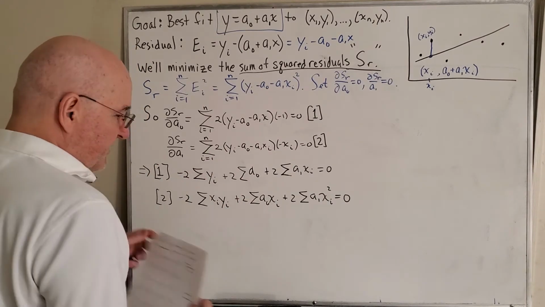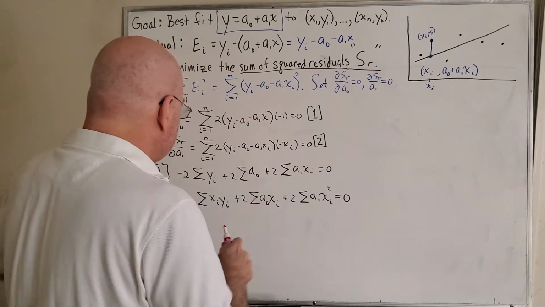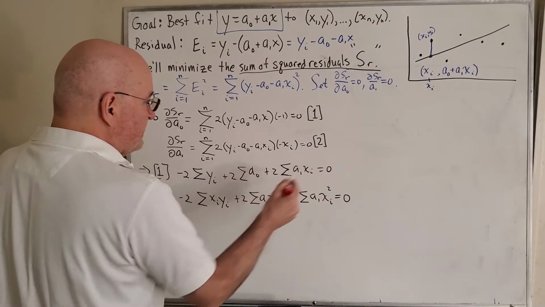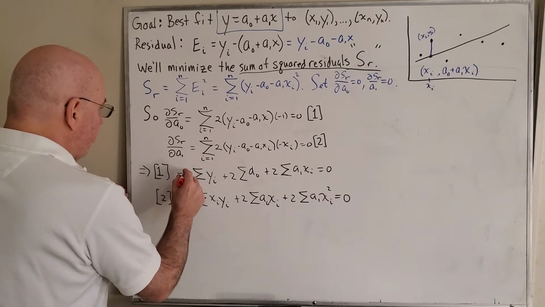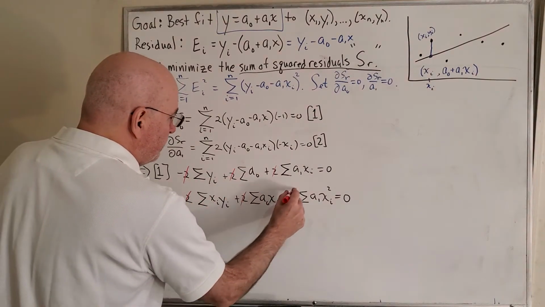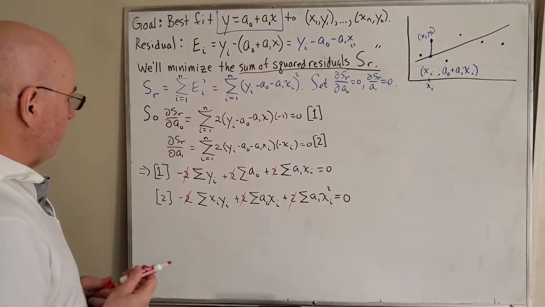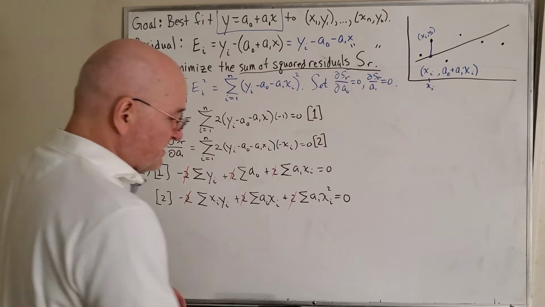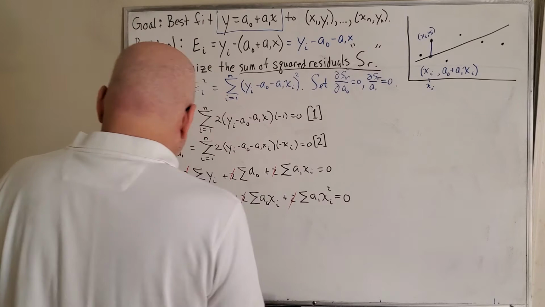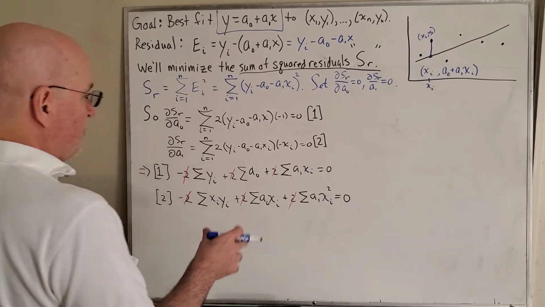So to save a little bit of room, I am going to just notice that since this is equal to 0 in both cases, we can divide both sides by 2. And dividing the right-hand side by 2 doesn't change the 0. So we just got rid of those 2's as coefficients. All right, so all the xi's and yi's are known.